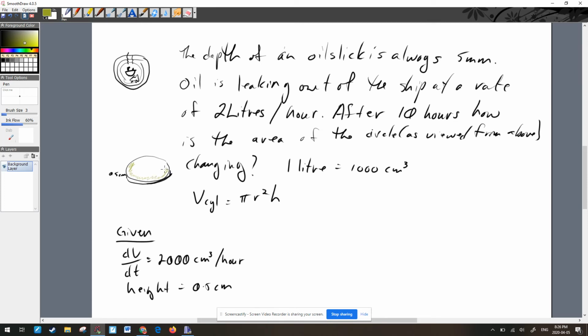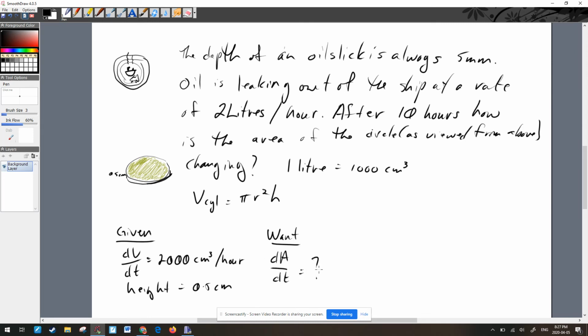If you were on a hang glider over top of this oil slick, looking straight down at it, it would just look like a circle of oil. I would like to know at what rate the area of this circle is changing. So I'm going to just say dA/dt.